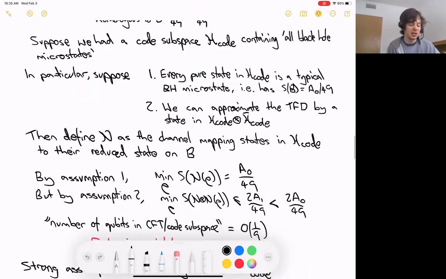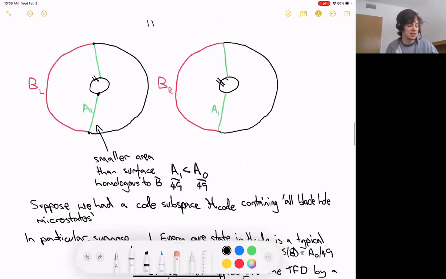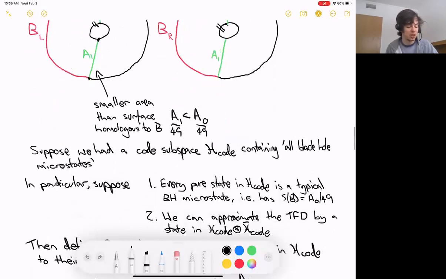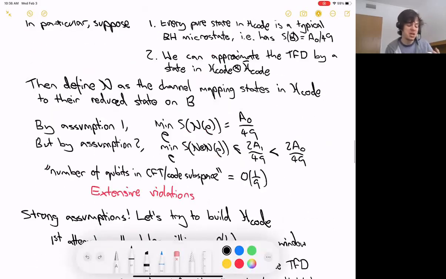What's the entropy of that thermofield double state on B left and B right? It's just 2 times A1 over 4G. So the minimum output entropy is clearly less than or equal to that. So it's less than or equal to 2A1 over 4G. And 2A1 over 4G is obviously strictly less than 2A0 over 4G.